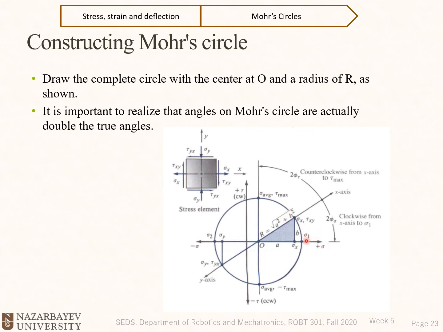So by rotating the line of sigma x, sigma y, you could find how much we need to rotate this element, and how much will be the value of stresses on the new coordinate system.